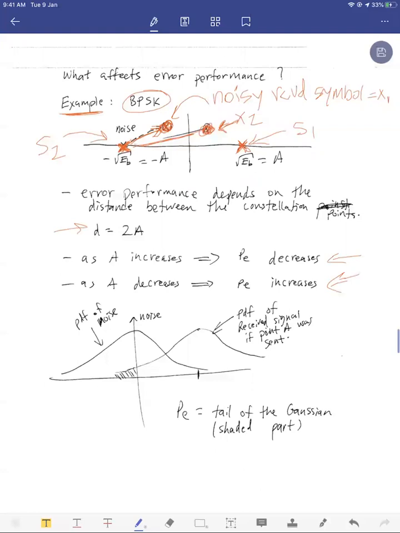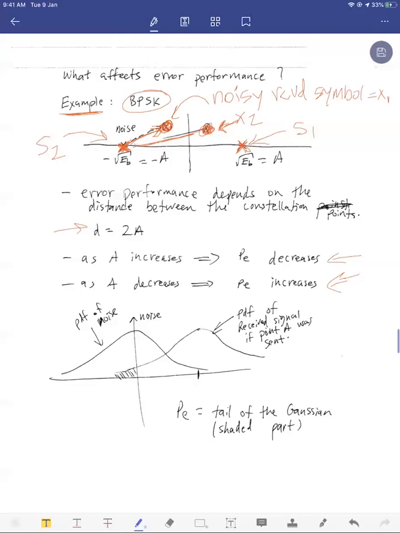Okay? What we're going to do now is try to make it a little bit more precise. Suppose I sent S1. Now, S1 is at A, and suppose that I get additive white Gaussian noise. So even though S1 is not random, my noise is random, and the noise has a PDF, right?